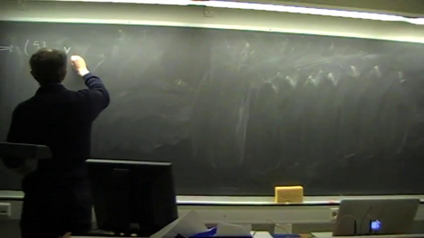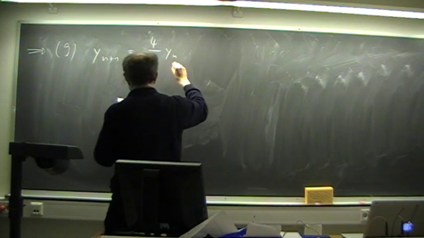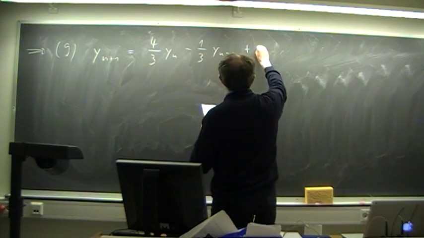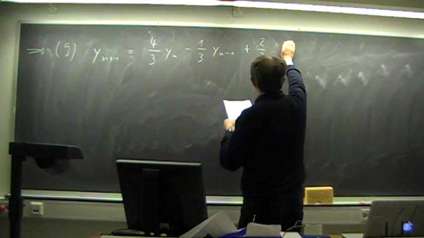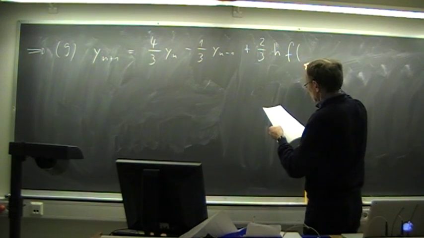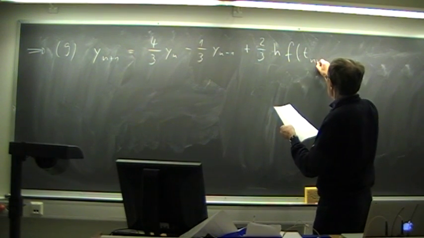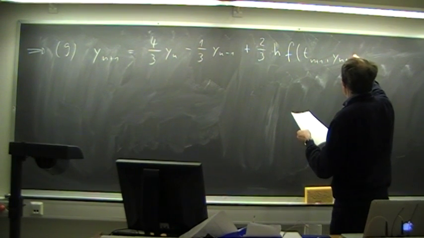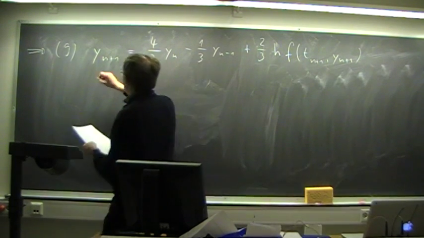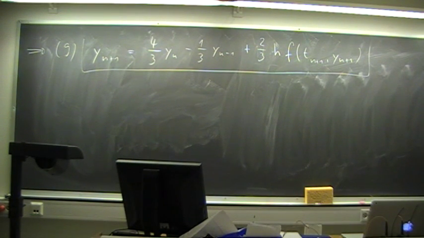So then we would get yn plus 1 is equal to 4/3 yn minus 1/3 yn minus 1 plus 2/3 h times f, the slope that we have for our ODE at a new time level and with a new solution yn plus 1 that we don't yet know. So that is the form of the BDF2.